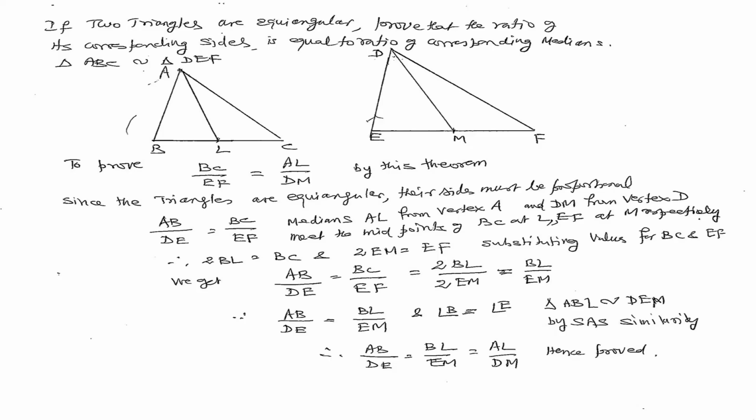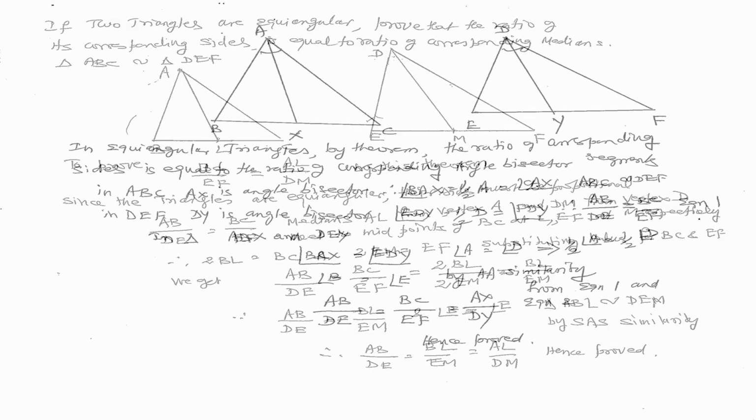Therefore, AB by DE is equal to BL by EM. Angle B is equal to angle E, corresponding angles are equal. Therefore, by SAS similarity, ABL is similar to DEM. So, AB by DE is equal to BL by EM is equal to AL by DM. Hence, the theorem is proved.